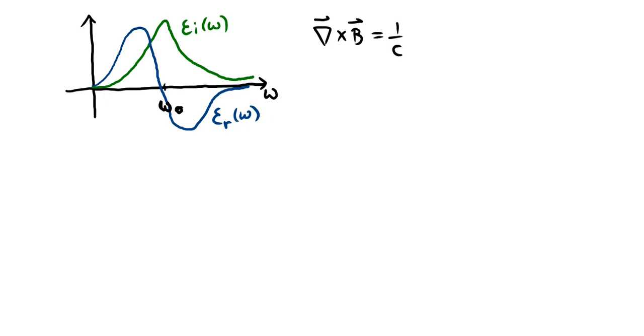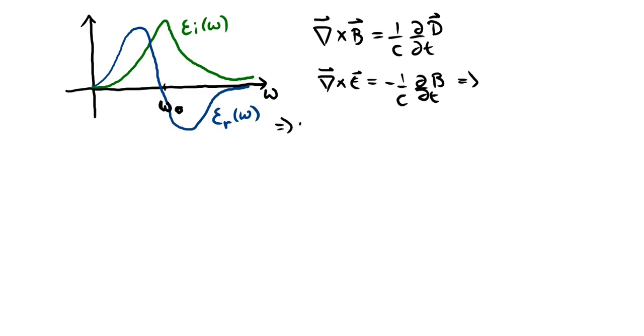So this is going to be 1 over c d/dt of the displacement field that we just discussed, and curl of the electric field should be minus 1 over c d/dt of the magnetic field. So now let's take the curl of this second equation. Then I have minus 1 over c the curl of B inside this derivative, that would be c squared, and the second derivative in time of the displacement field, right?